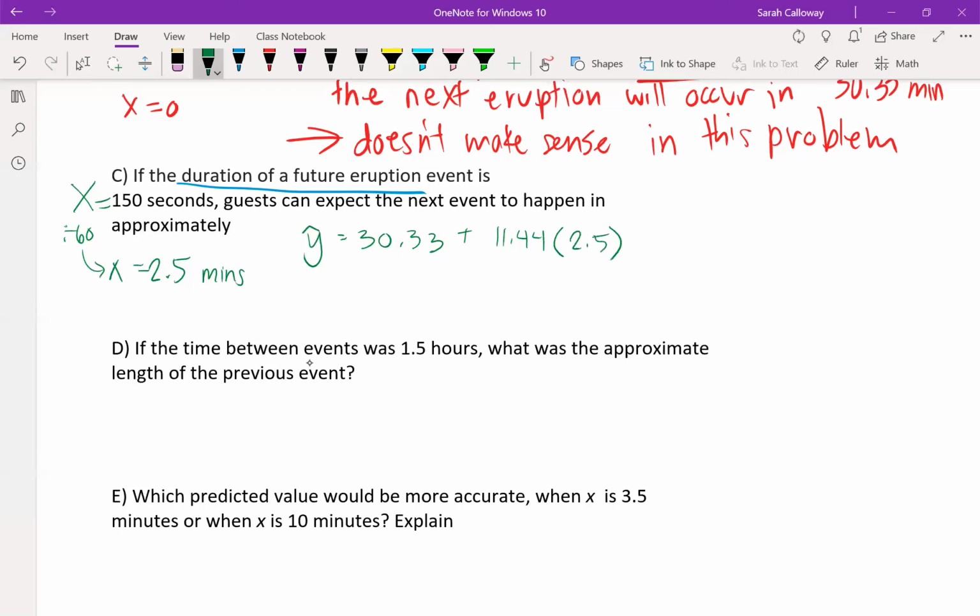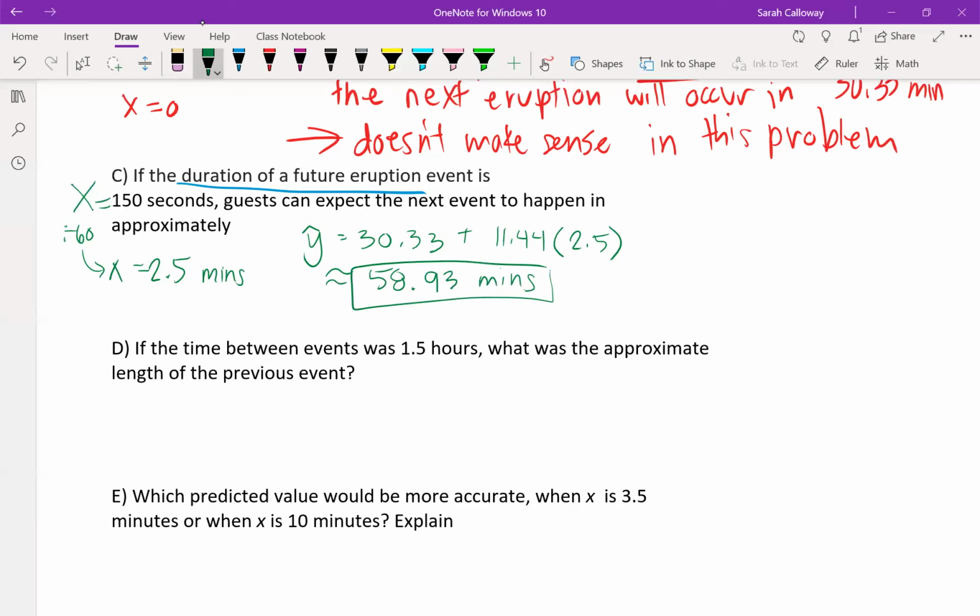And that's going to tell me how many minutes until the next event happens. If I do that, I'm going to get approximately 58.93 minutes. So it's going to take about an hour for that next eruption to happen if the previous one lasted for 2.5 minutes.